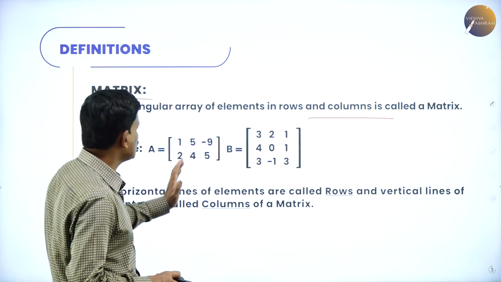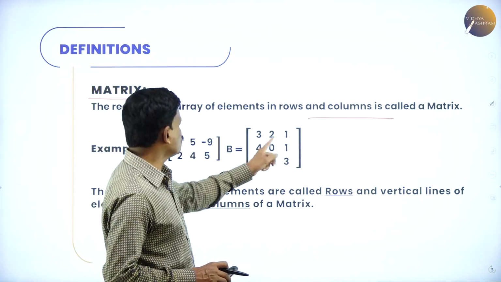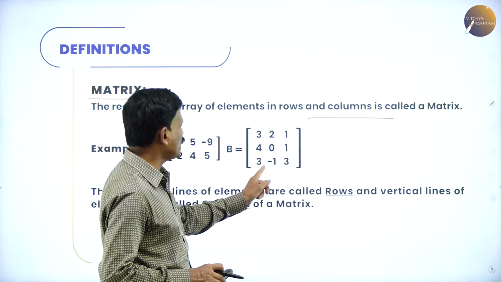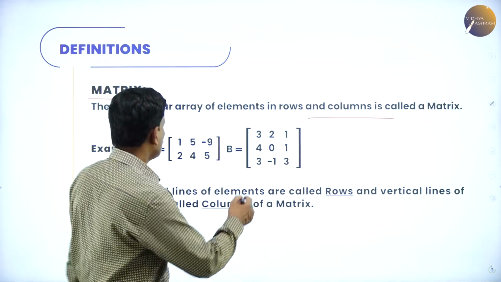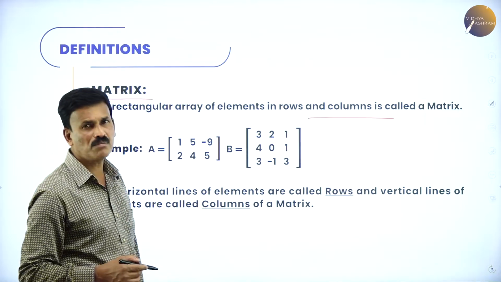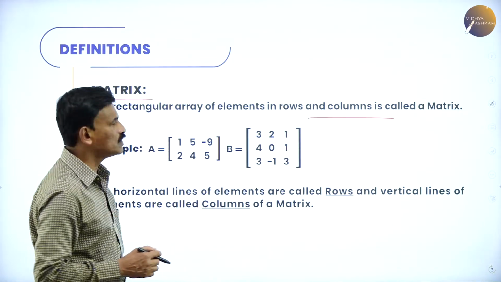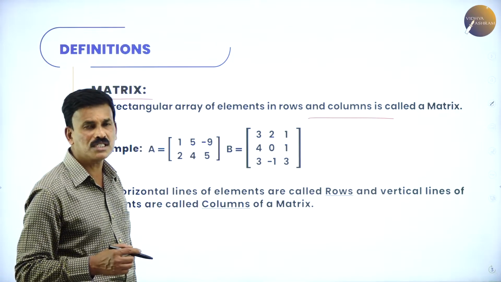Another matrix: 3 2 1, 4 0 1, 3 minus 3 1. This type of arrangement of elements in a square bracket is also a matrix.